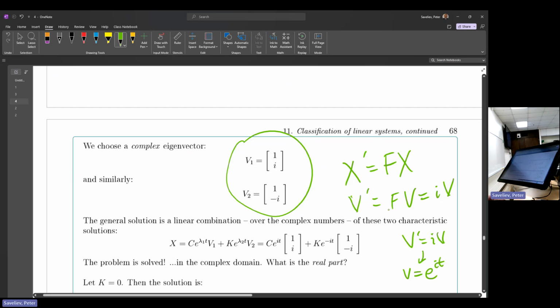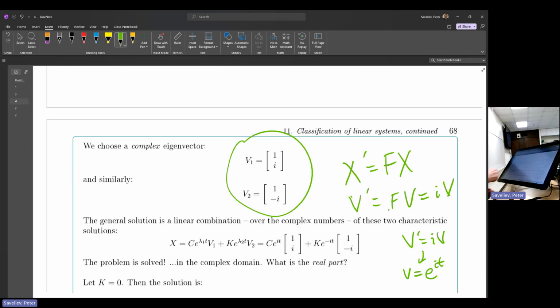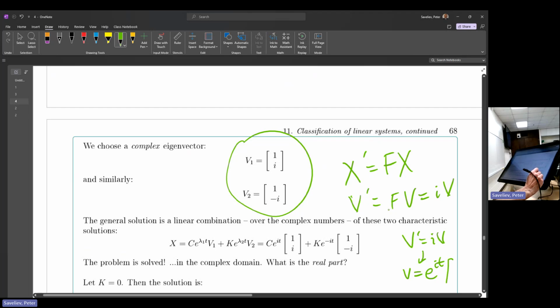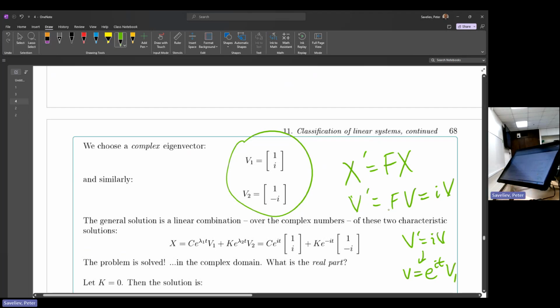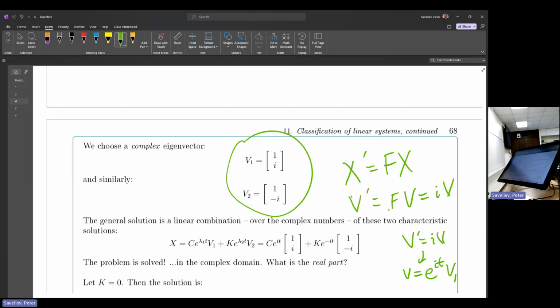That's my vector. Technically it would have to have two components, but because it's one dimensional, it will be a multiple of v1, multiplied by e to the it, which, as we know, is rotation by the angle t. And so the problem is solved at least within the eigenspace, and we can solve them separately within those two eigenspaces.